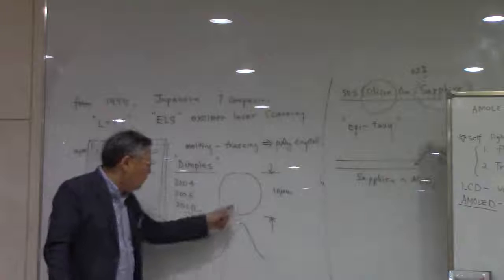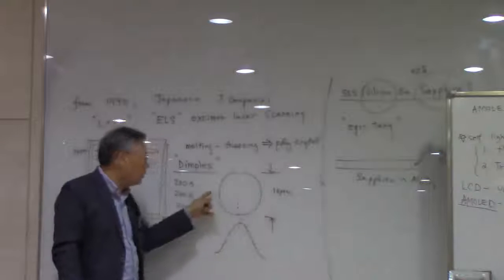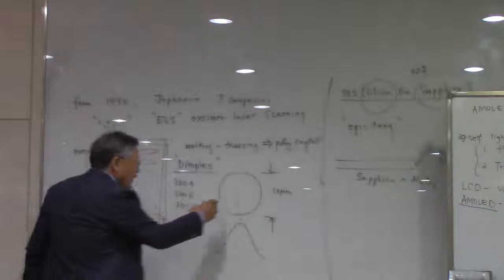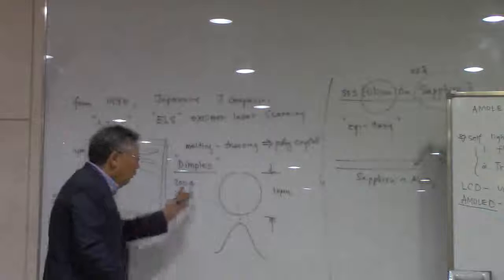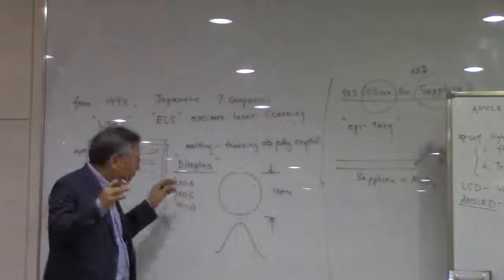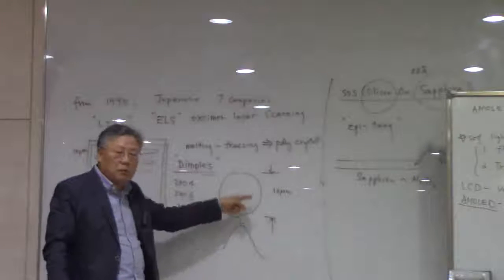So the temperature at the center is the highest, and then at the edges of the spot is going to be lower than the central spot. And then when it moves so that it's going to freeze, then it's going to freeze from the outside, the circumference of the spot.